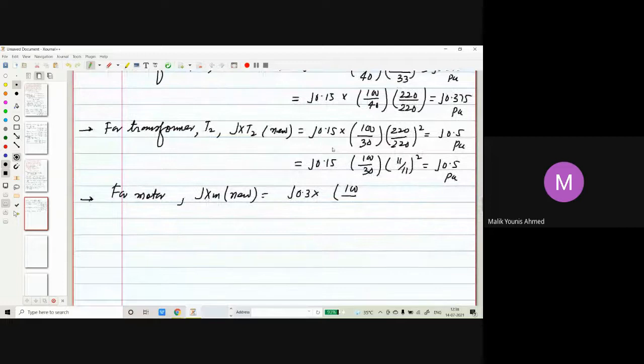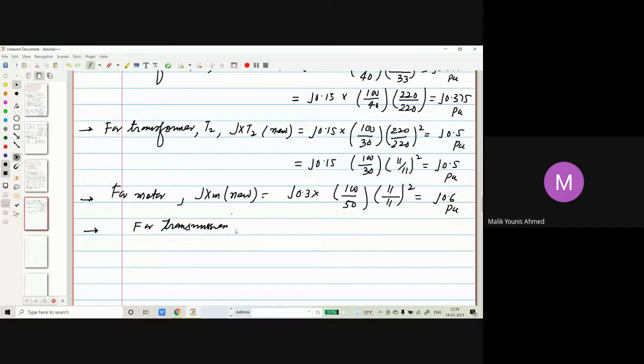The voltage rating on the motor, old is 11 and new is also 11, whole square. So that comes out to be J0.6 per unit. So you have got the motor. For the transmission line, you have to find the base value, as we did last time, because the value of the transmission line is given in ohms, not in per unit.